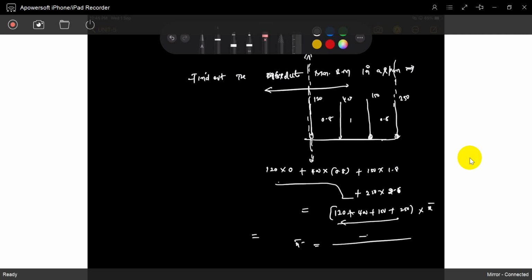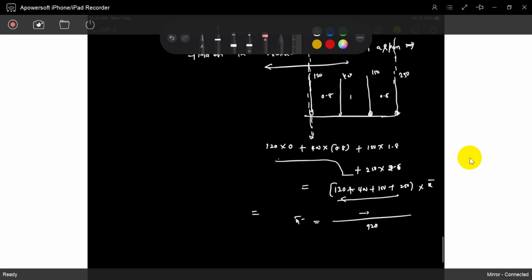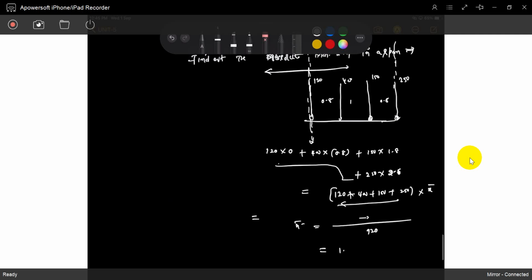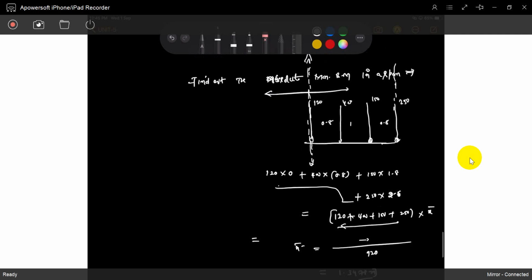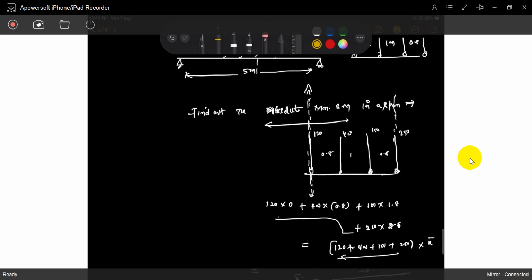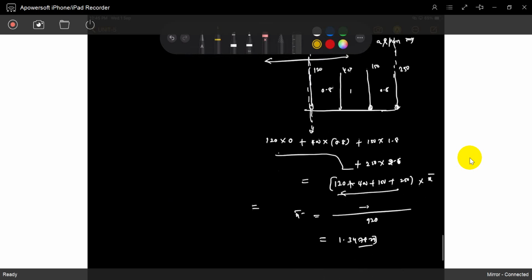So this value divided by 920 will give exactly 1.3478 meters. That means the total load system's center of gravity is acting at 1.34.